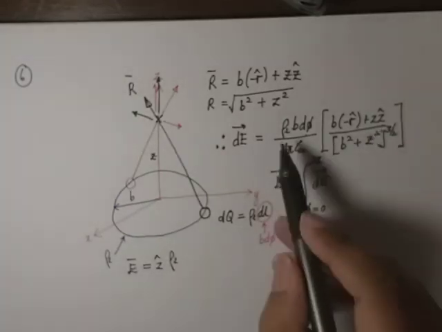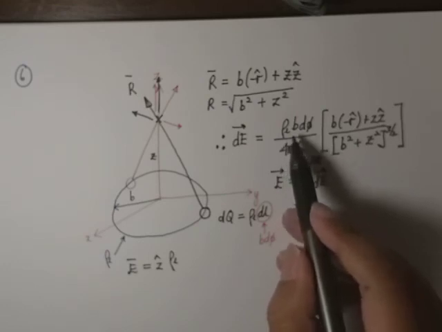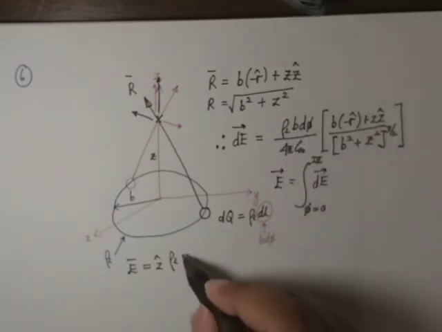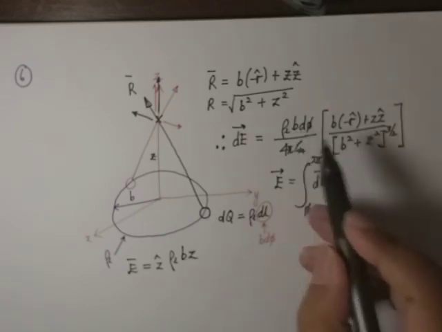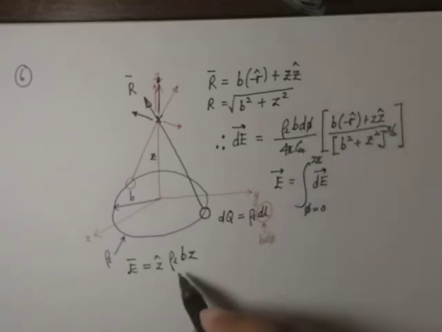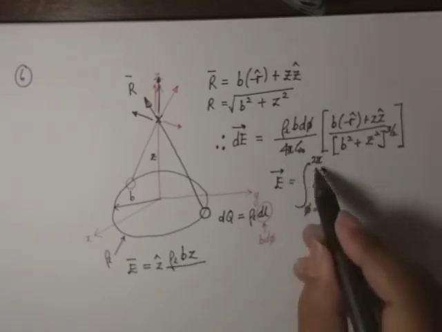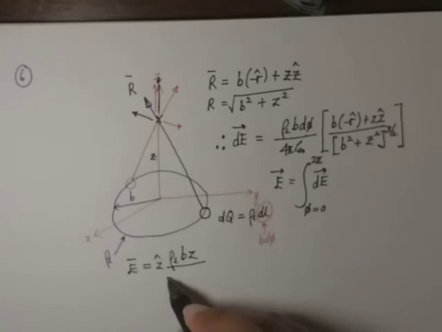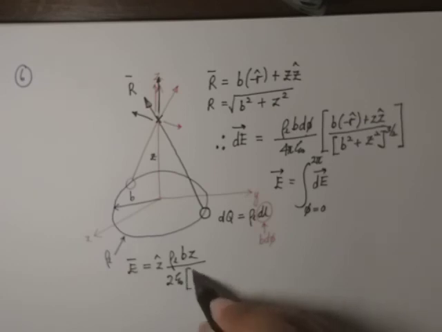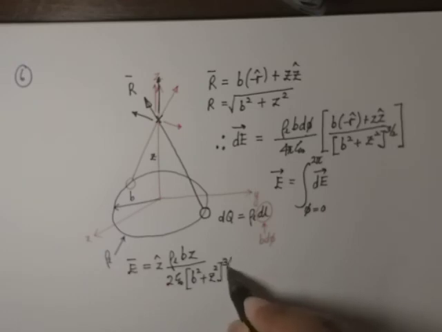Then I'm going to say rho L, b multiplied with the z, I'm going to have bz now, divided by, integration gives 2 pi, and with the 2, I'm going to have 2 epsilon naught. Other than that, it remains the same, which is b squared plus z squared to the power of 3 over 2.